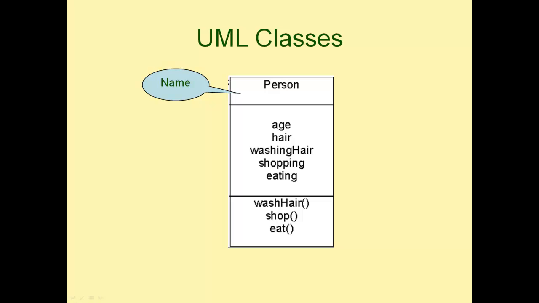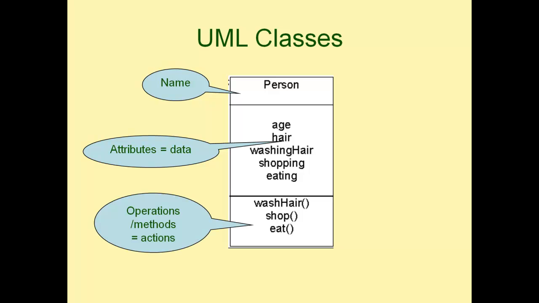So in a UML class diagram, the most basic thing we have is a class definition, and here is a definition for the person class. In the top compartment we have the name of the class, which happens to be person, and then we have a set of attributes or data, and you can think of those top two compartments as equivalent to an entity type with attributes, if you know about ERDs.